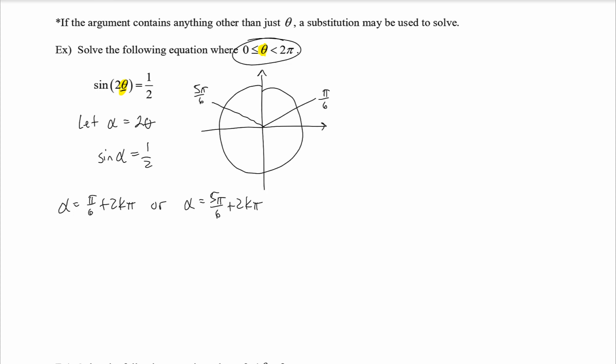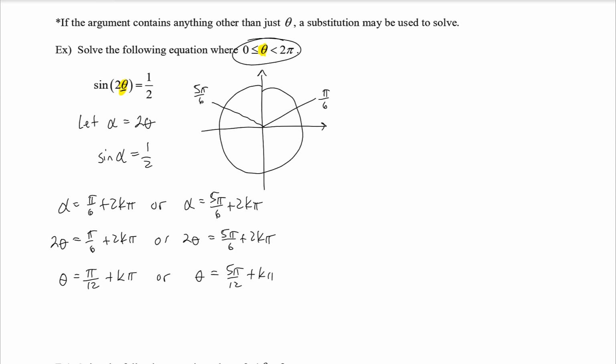So alpha is 2 theta. So 2 theta is pi over 6 plus 2k pi, or 2 theta is 5 pi over 6 plus 2k pi. Divide everything by 2, and we see that theta's got to be pi over 12 plus k pi, or theta's got to be 5 pi over 12 plus k pi.